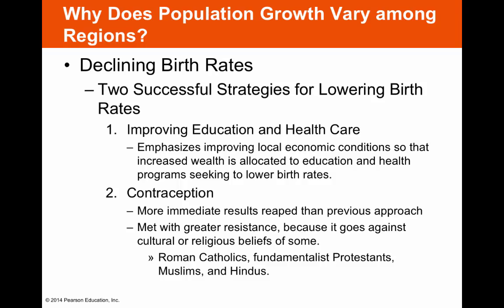A lot of times people are busy going to college, so they're getting their education first and then starting their career, and so they decide to have children later, and then they don't have as many children. When you improve education, that changes when people have kids, and that lowers birth rates. And then healthcare, of course, when people are provided adequate healthcare, they tend to not have kids as fast.